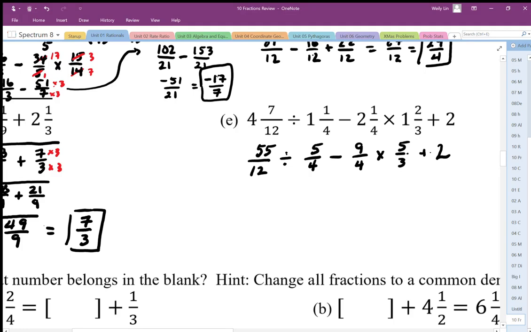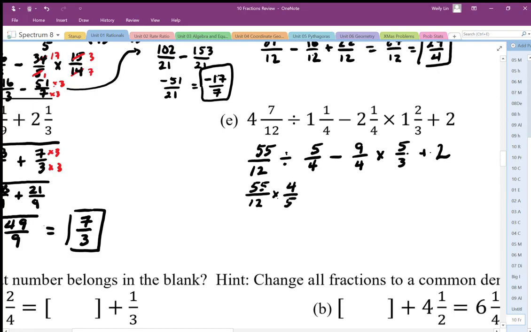Okay, so we have to do the divide before the subtract, so we're going to rewrite this as 55 over 12 times 4 over 5.